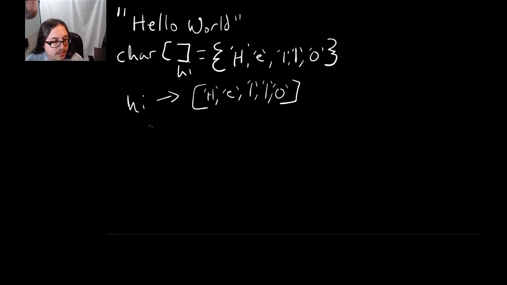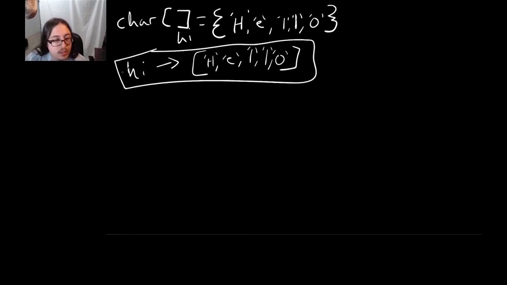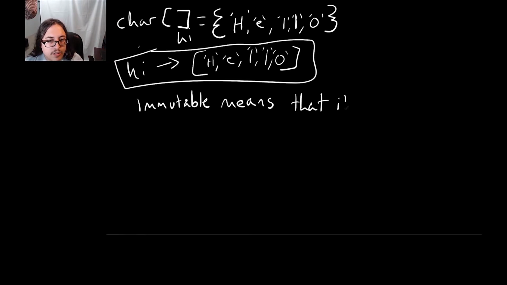So as a string, it wraps this and makes it immutable. So what does immutable mean? Well, immutable means that it cannot change.